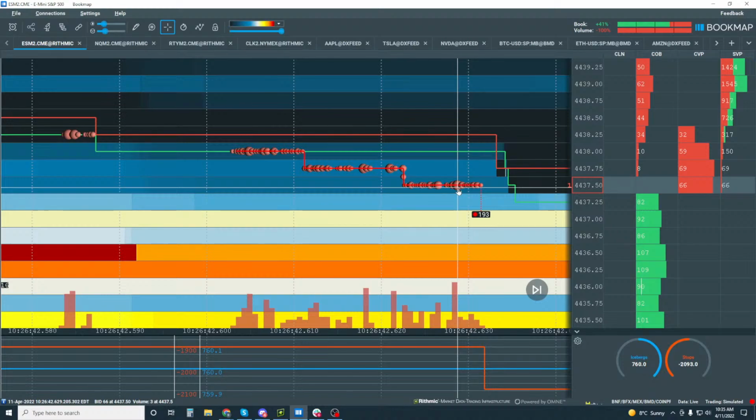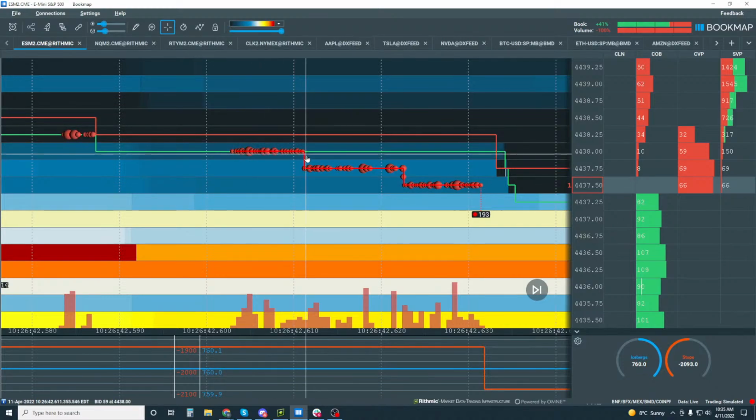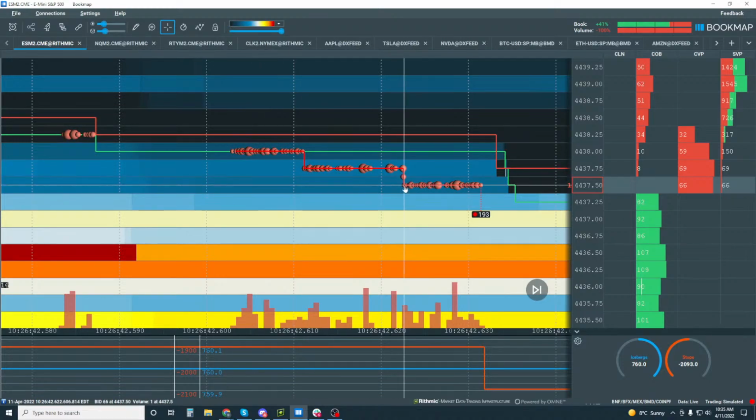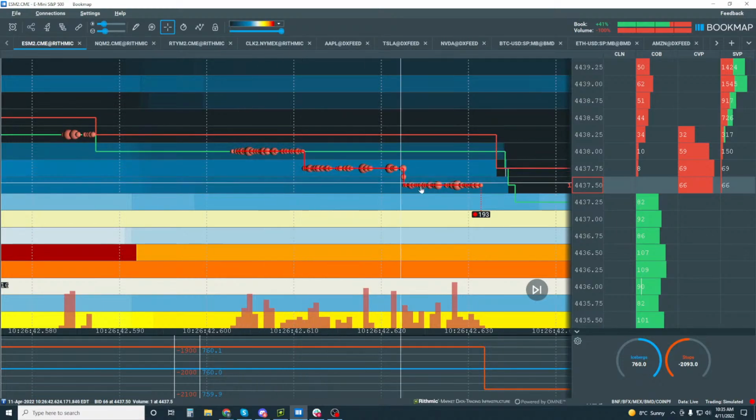Bookmap is just unbelievable in its ability to show this kind of minutia. I don't know of any other platform that can do it. And especially we can get down into micro and nanosecond level resolution to see this and understand the players involved. Likely one larger player exiting, because the stop run happened here and then went 3 different levels here.